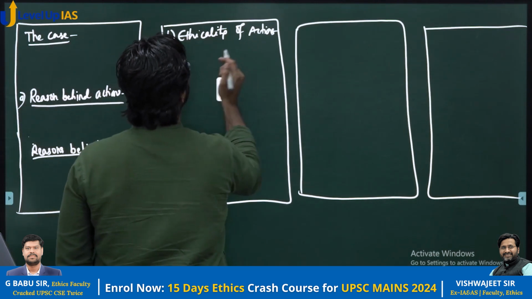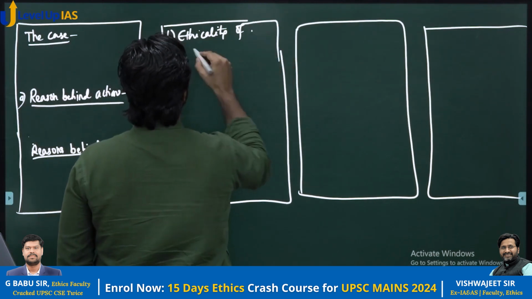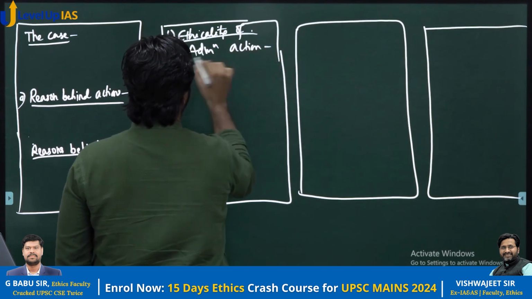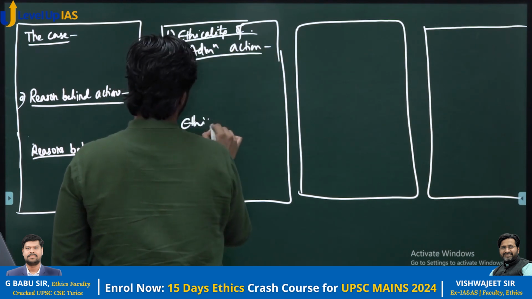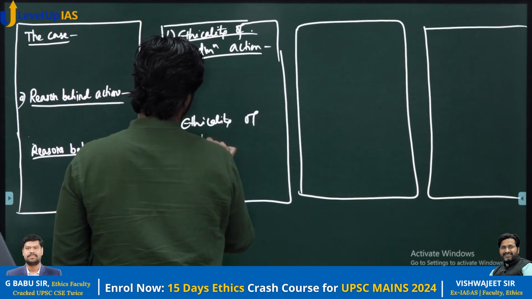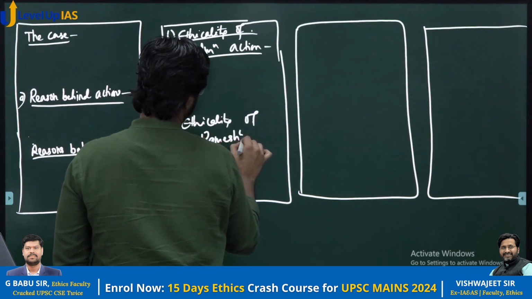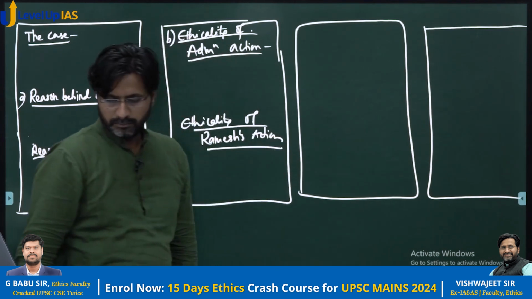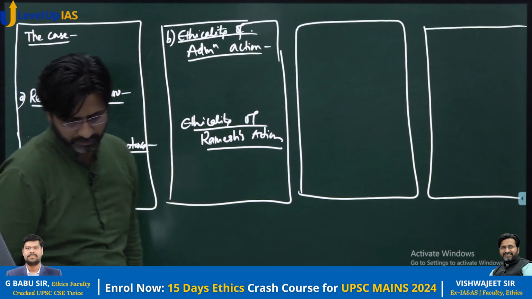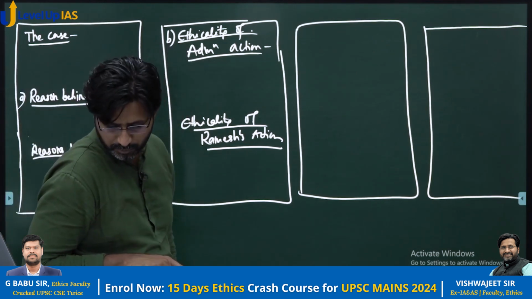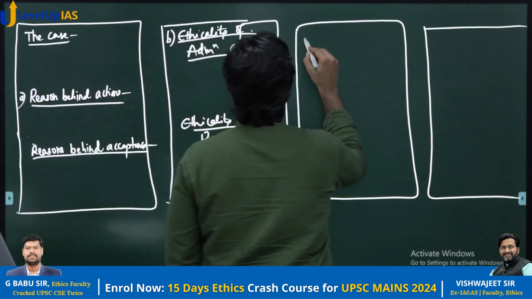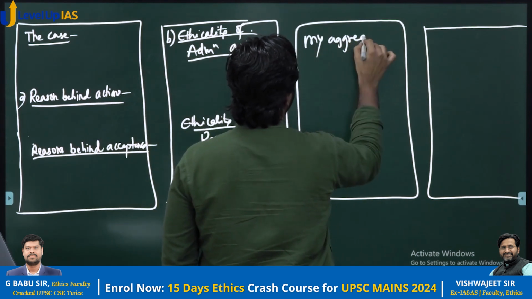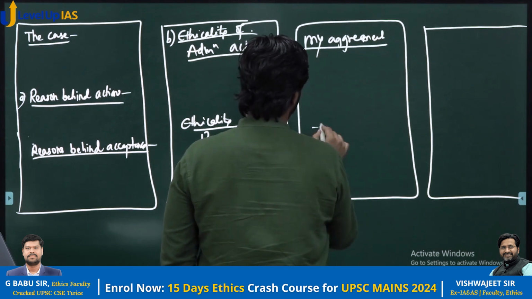So basically here, ethicality of administration action, like that. Then ethicality of Ramesh's action. Then comes, okay, first of all, whose action do you agree with and why? So then you have to write my agreement, or I agree. And then you write justification.